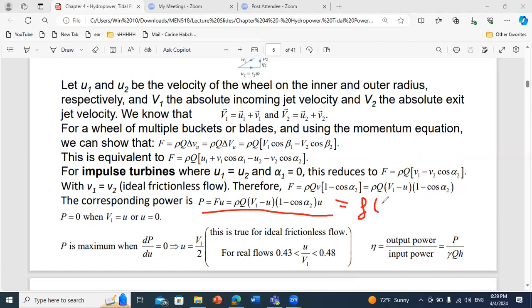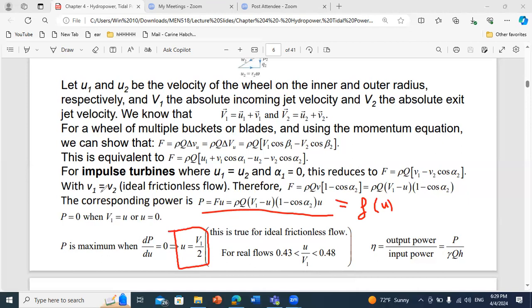Let me derive this function: I derive the power with respect to u, and I set it equal to 0. If you do the derivative, you will find out that the value of u that will maximize your power is equal to v1 over 2. So this is why we try to have u very close to v1 over 2.